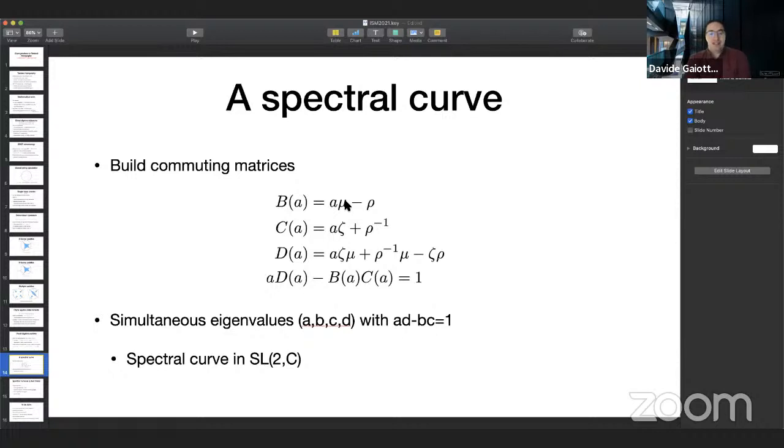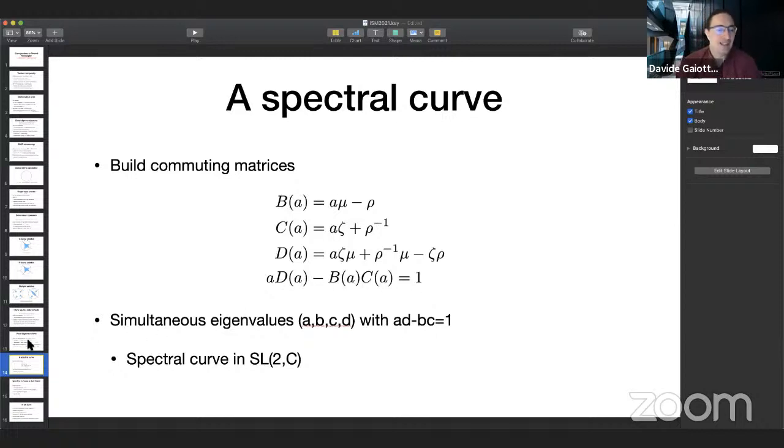This will have eigenvalues, little b, little c, little d. For every A, I get k copies of these eigenvalues. So I'm going to get some kind of a curve as a function of A, a k-sheeted cover of the plane. And because of the relation AD minus BC equal to 1, this curve actually lives in SL2C, because its eigenvalues will satisfy AD minus BC equal to 1.